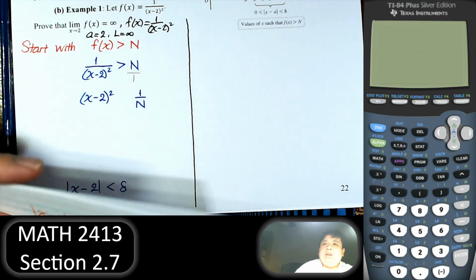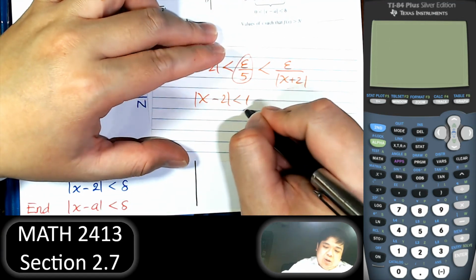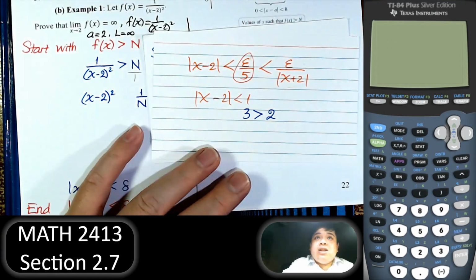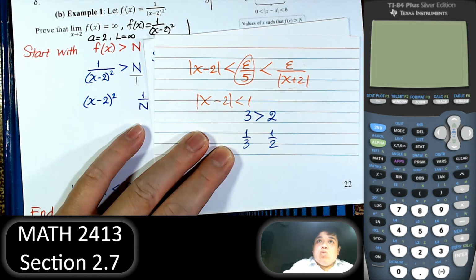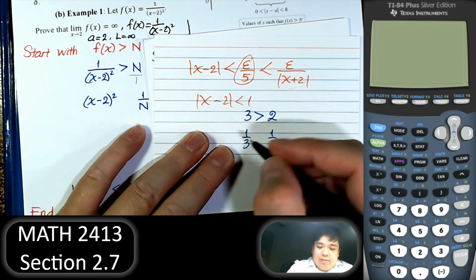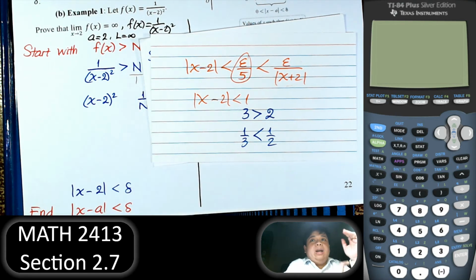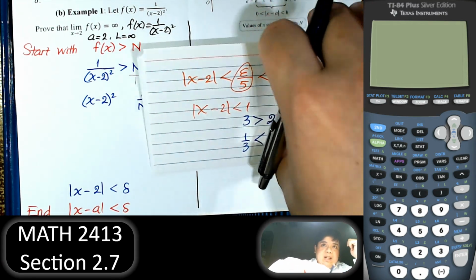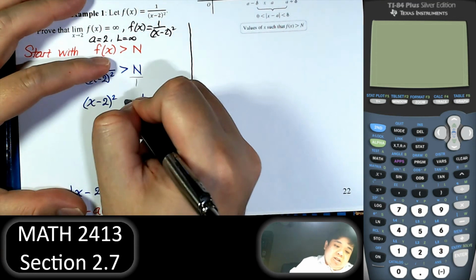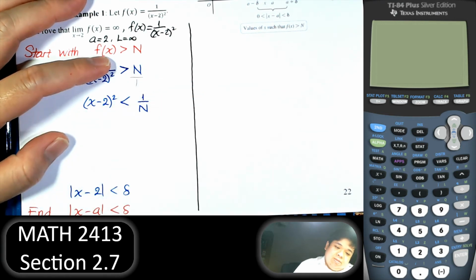Think about something very simple. 3 is greater than 2, right? If we flip, 1/3 and 1/2, which one is smaller? So if everything is positive, when we flip it, the inequality will be reversed. So in that case, greater than becomes less than.